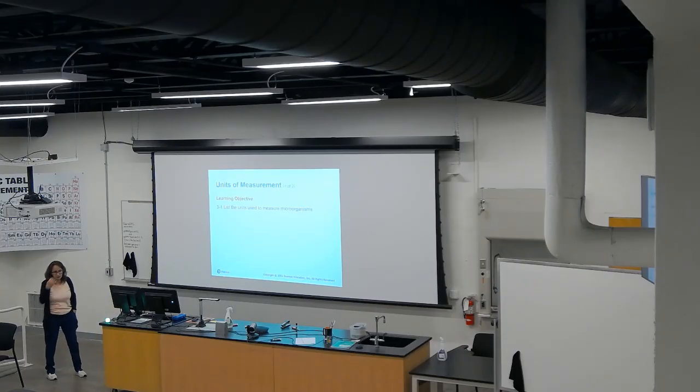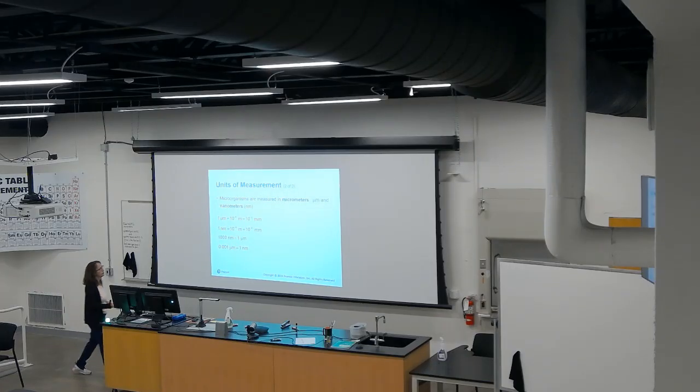So in this next part, we're going to list the units used to measure microorganisms, and we're going to do one or two calculations. Microorganisms, for the most part, the ones that are not visible, we will be measuring in micrometers.